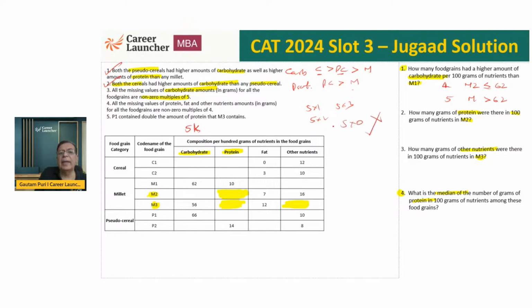No, it cannot, because it says these are non-zero multiples of 5. 1 is non-zero, 2 is non-zero, 0 is not. So all he's saying is that none of these can be 0. Yes, they are all multiples of 5, but none of them is 0. Okay, so that's one part.